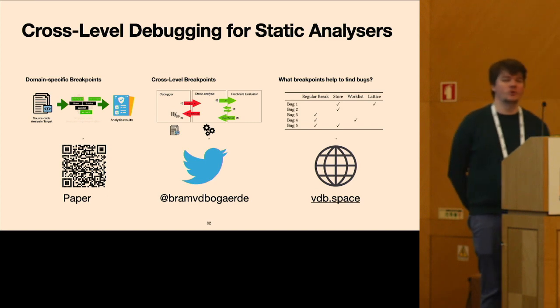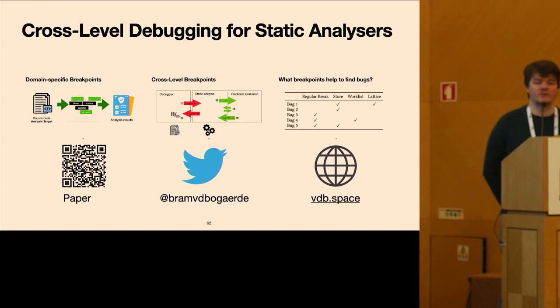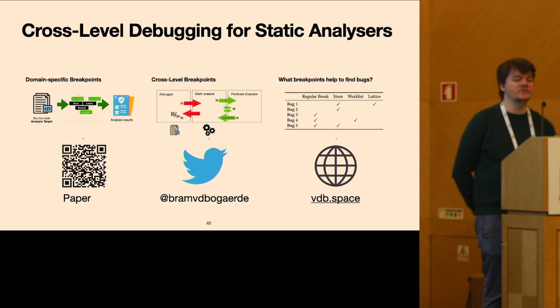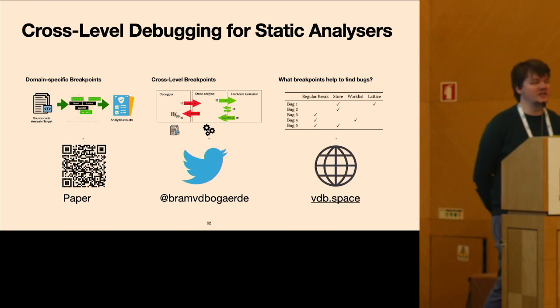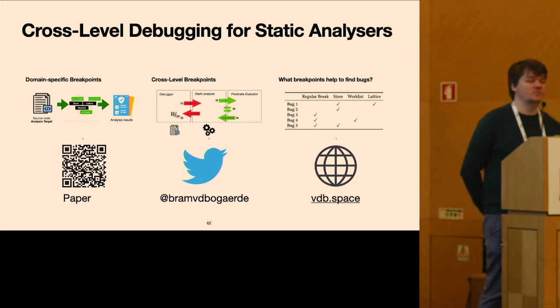Yeah, we didn't really have that many bugs to create a large classification, but indeed we saw different kinds of bugs. The one that I showed was about non-termination, but what we also frequently have in our static analyzers is problems with the abstract domains and abstract values.